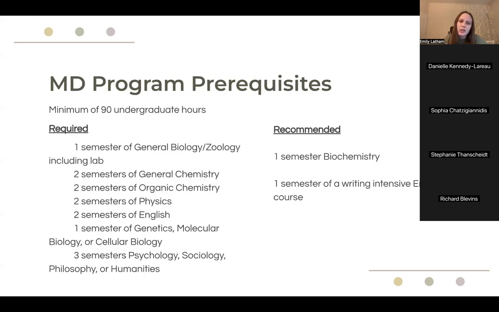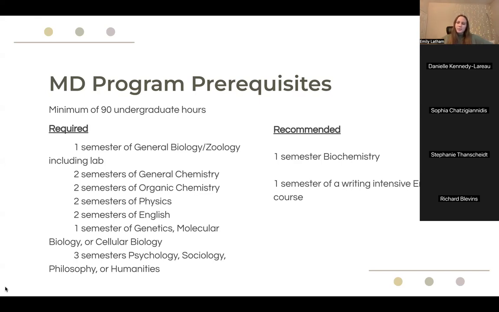And then these are all of the prerequisites for medical school. So you have to have a minimum of 90 undergrad hours. And then for your required courses, for pretty much every med school, you need a semester of general biology or zoology, including lab. You need 2 semesters of general chemistry, 2 semesters of organic chemistry, 2 semesters of physics, 2 semesters of English, 1 semester of genetics, molecular biology, or cell biology, and then 3 semesters of psychology, sociology, philosophy, or humanities.